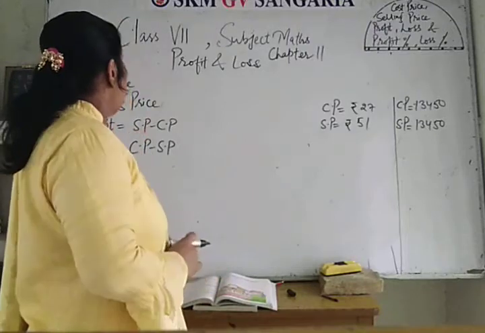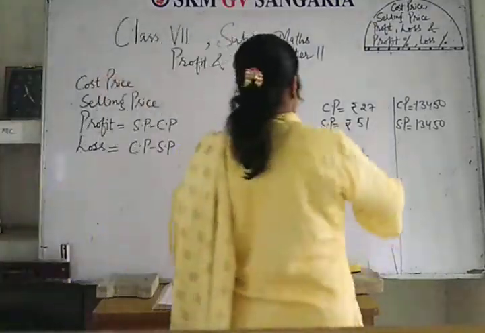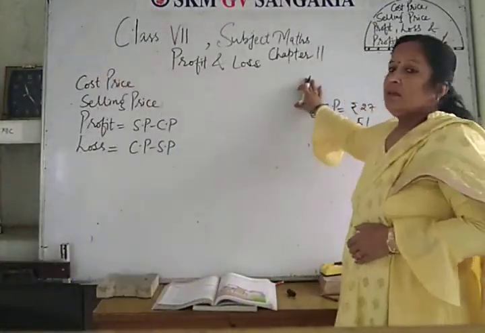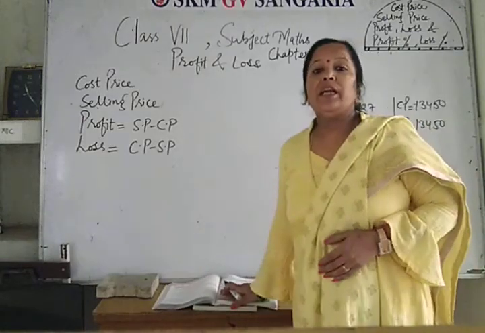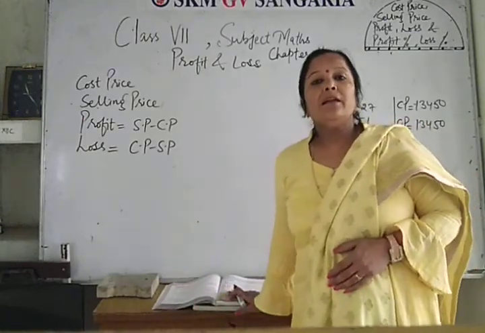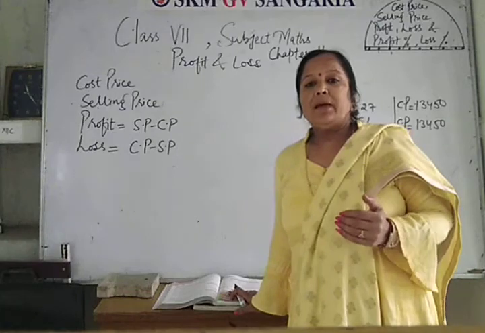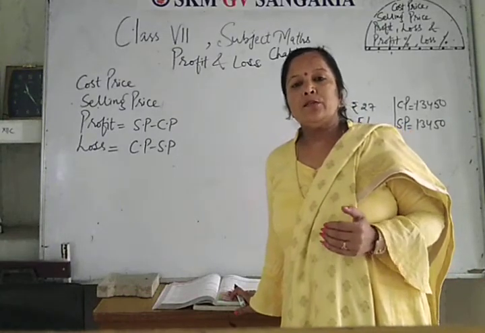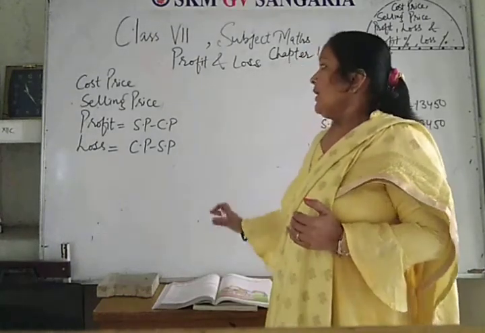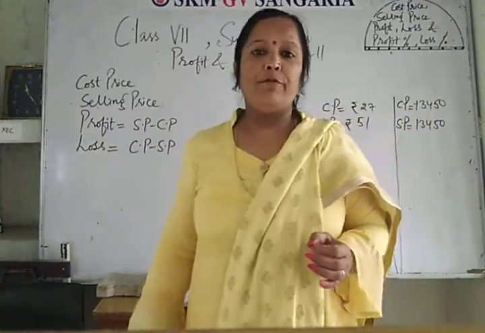So, selling price, clear to you, I think? Cost price is the price at which an item is purchased, and selling price is the price at which an item is sold. Then comes profit.